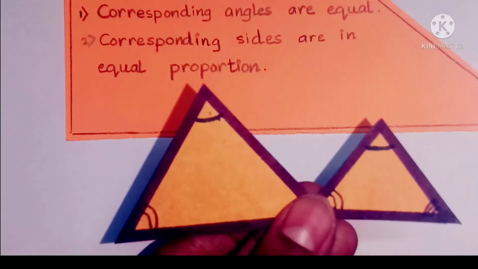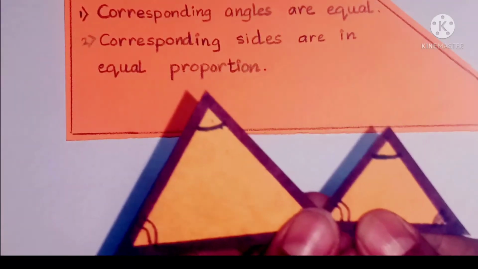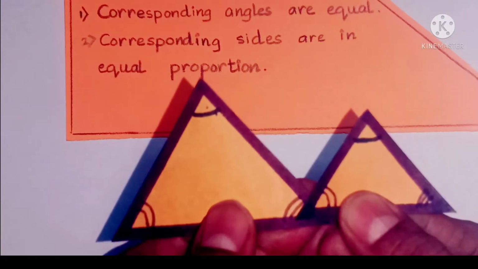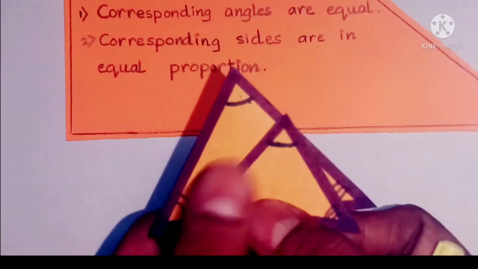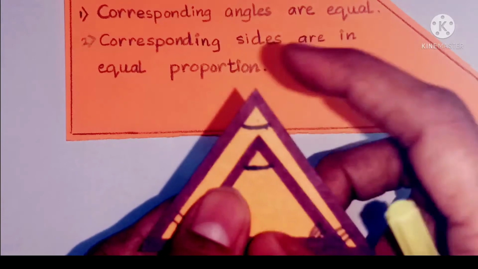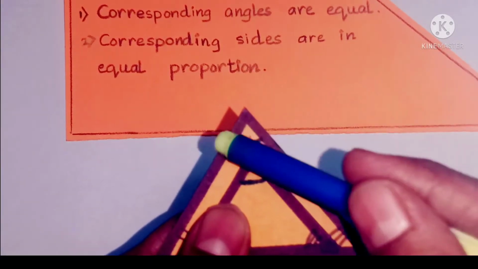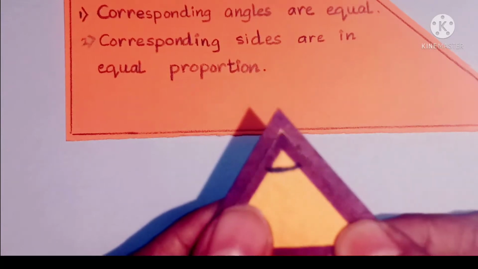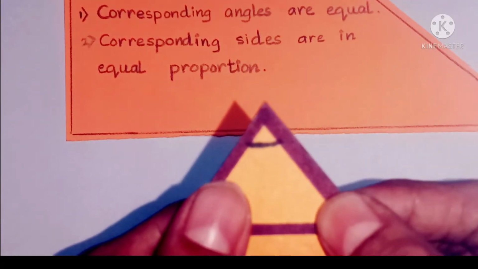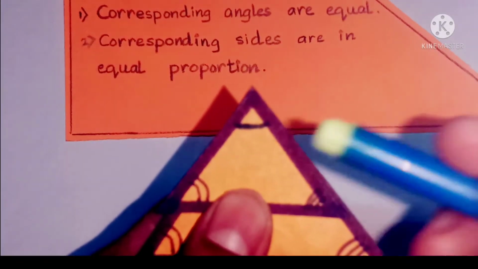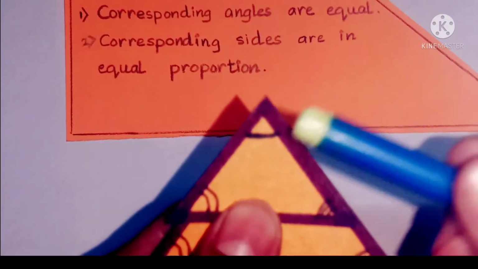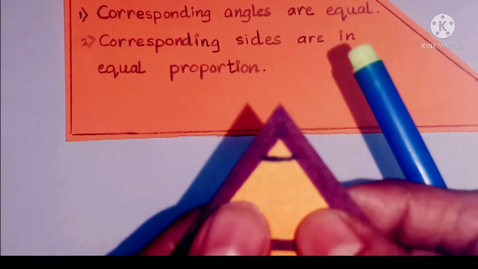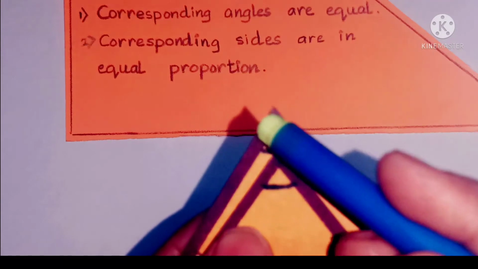Here we have two triangles. I will take these two triangles and place one over the other and see whether this angle is equal to this angle or not. I am placing this angle over this angle. What can we see? We can see that these two angles are equal. So we call these corresponding angles.